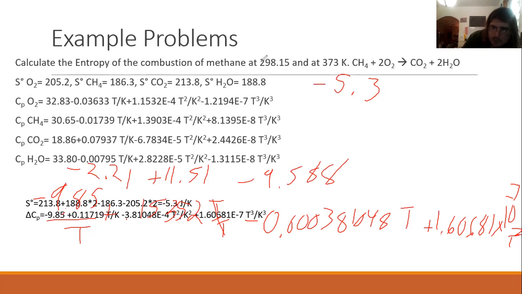And the last one, 1.60681 times 10 to the negative 7 divided by 3 times the difference between 373 cubed minus 298 cubed, positive 1.362. So 1.362 minus 9.588 plus 11.51 minus 2.21, 1.074.